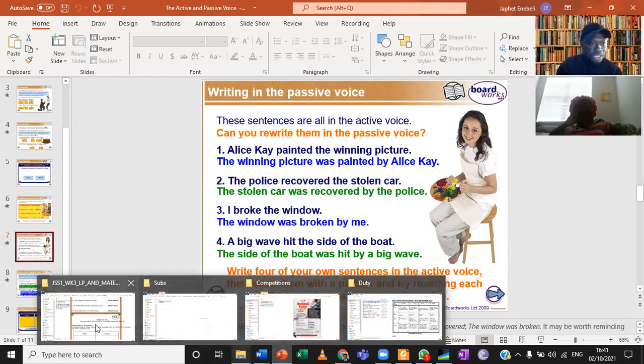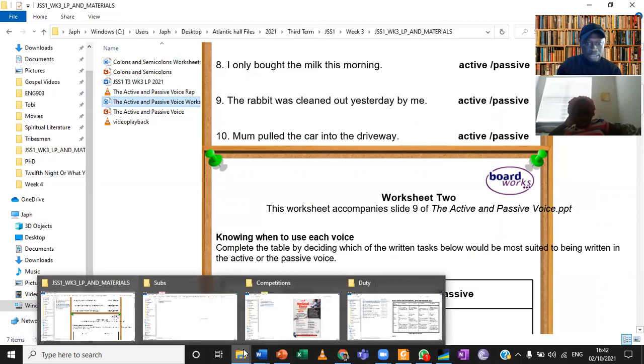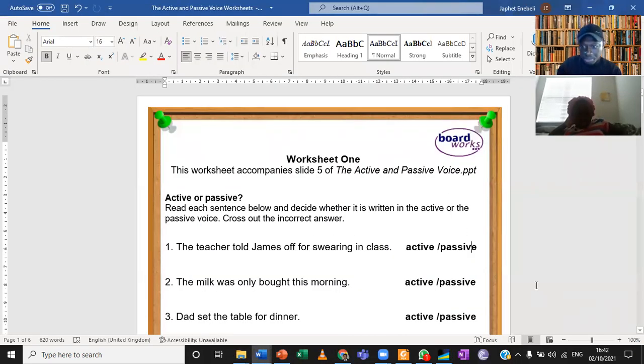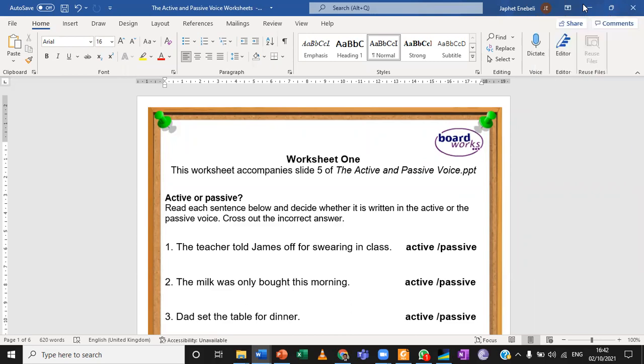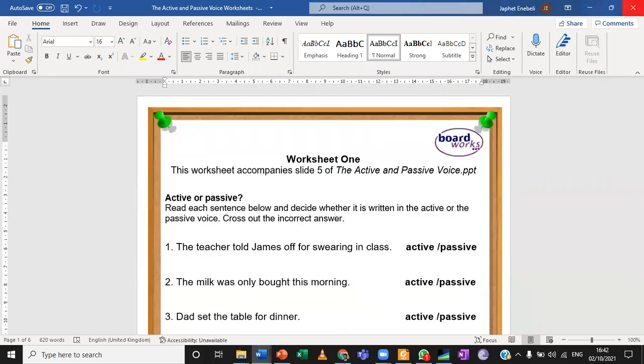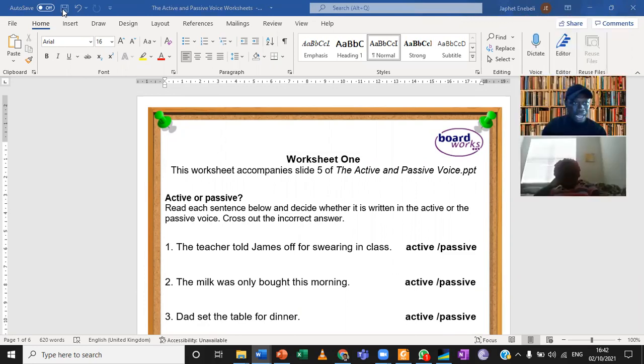Now, let me send you something to play with so you can practice more. It's just an exercise that will help you understand passive and active voice, okay?